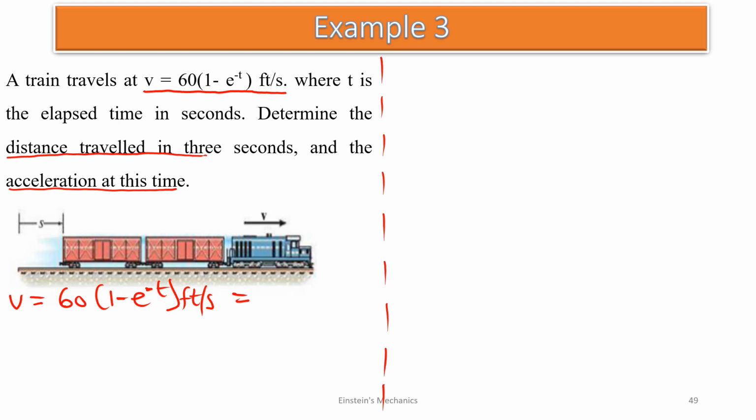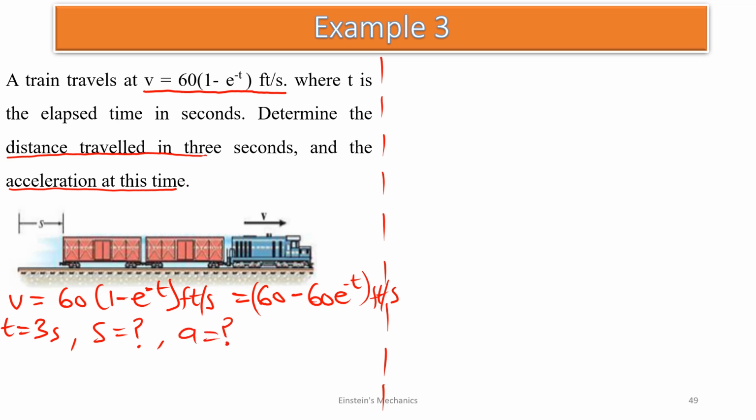I can say 60 minus 60 e^(-t), which is feet per second, right? And I'm evaluating everything at t equal to 3 seconds. I'm looking for the distance traveled, and I'm also looking for the acceleration.